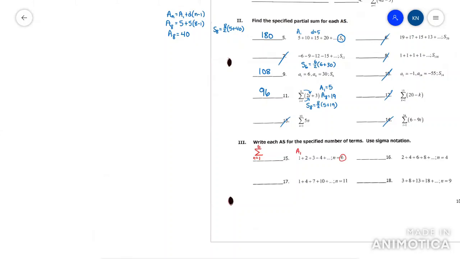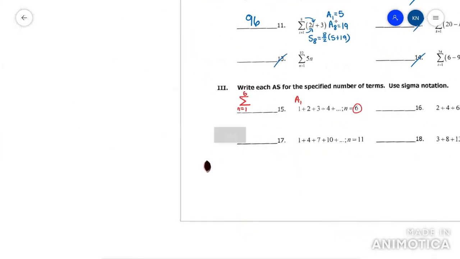All right, so let me write it out so you don't get confused. We have a sub n equals a sub 1 plus the rate times n minus 1. And all you're going to have to do is plug in the things you know. You'll know a1, it's 1.